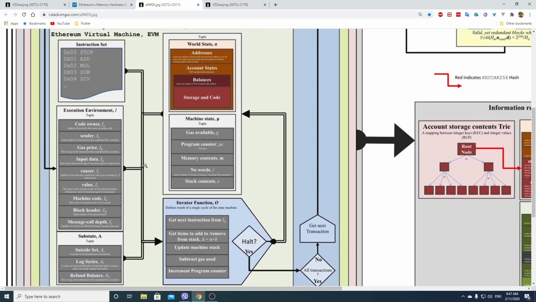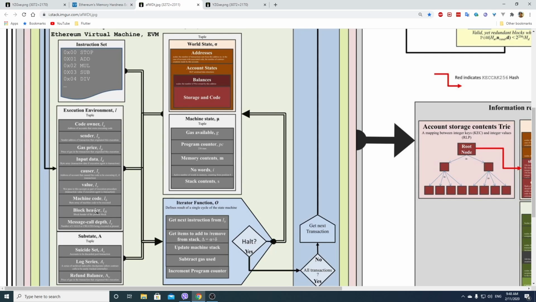And then your execution environment is the mini bunch of data that you want to keep in order to run this program. So this is like your scratch space, right? If you are a machine and you want to execute this stuff, you want to know before you start what the parameters are, right?